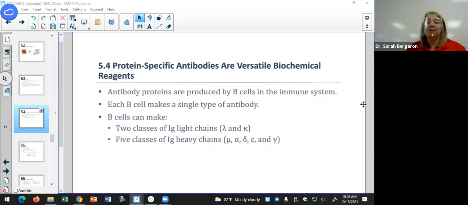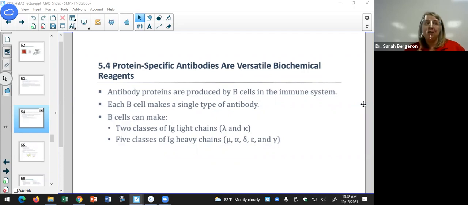So what's the job of any given antibody? To bind to foreign things, right? B cells go through a selection process, because what happens if they recognize self?